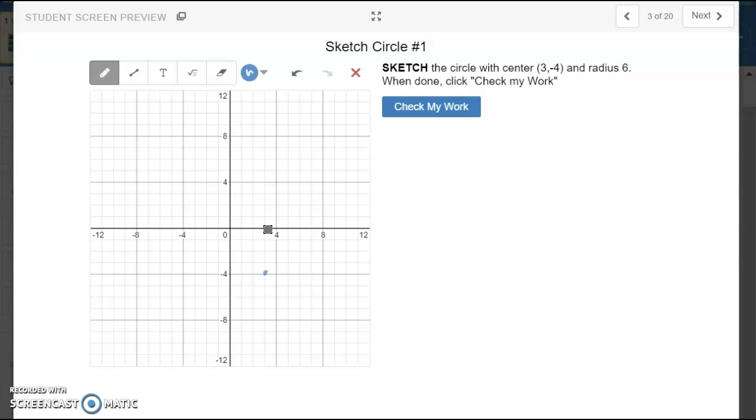So this is going to be my center. I'm looking for a radius of 6. That means I need to go 6 units in all directions. So I can go, let me get a different color, 1, 2, 3, 4, 5, 6.